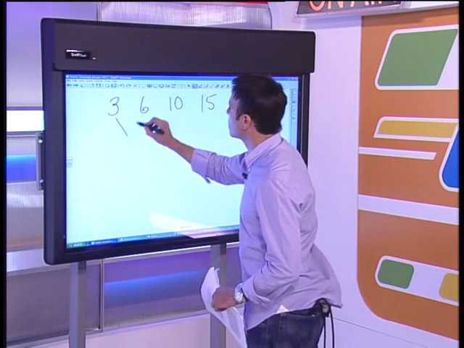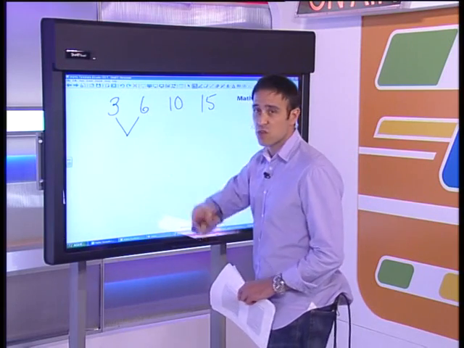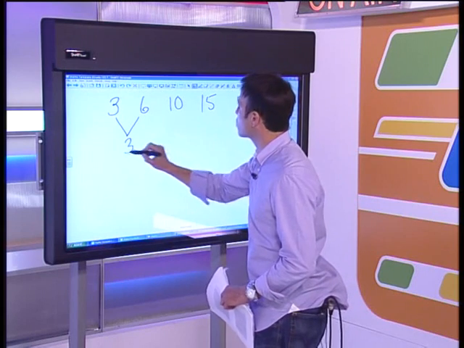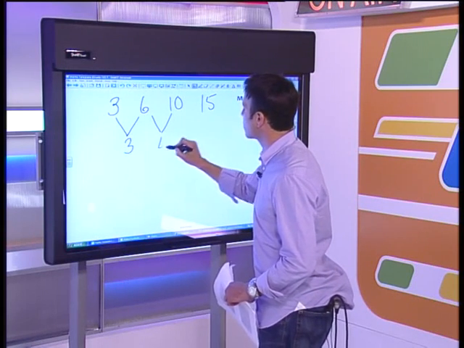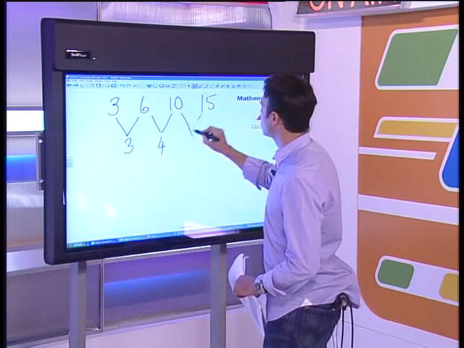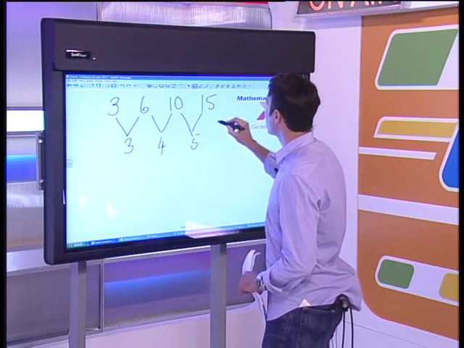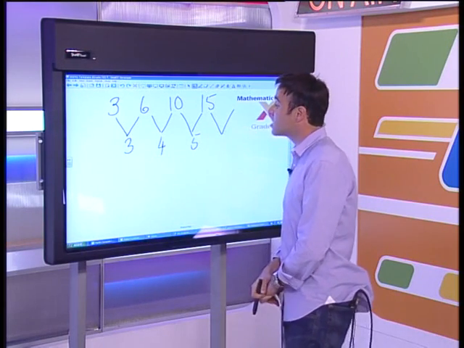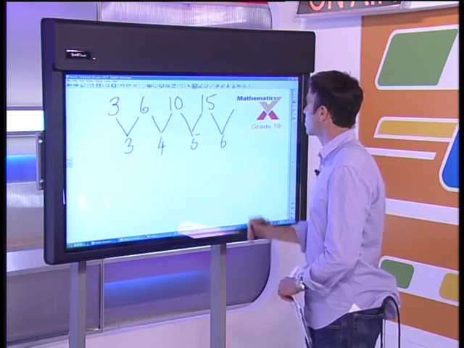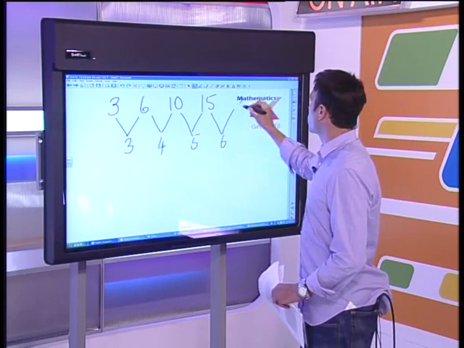In terms of our differences, we go 6 minus 3, so the next term minus the previous term. 10 minus 6 gives us a 4, and 15 minus 10 gives us a 5. And I'm expecting my next difference to be a 6. 6 plus 15 is 21.